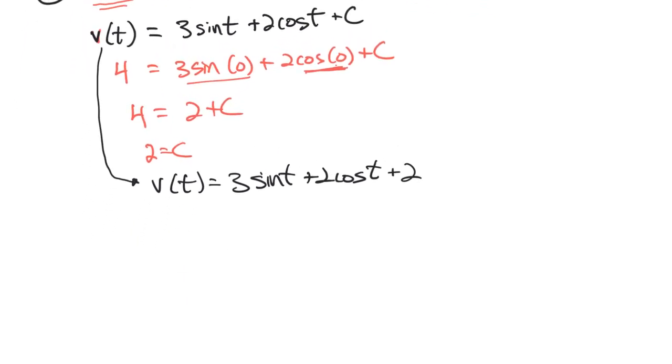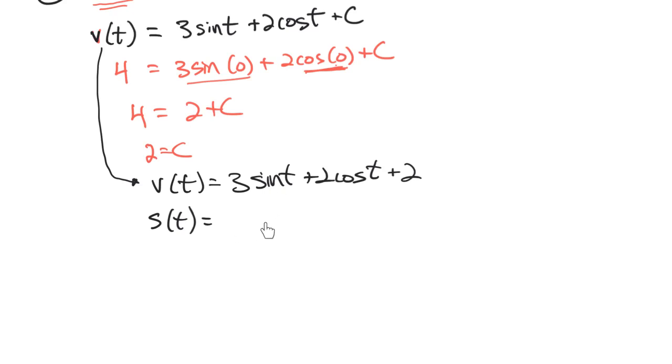Now we want to find the position function. So we take the antiderivative again to get s of t. And remember, typically when you have position, velocity, or acceleration, the independent variable is usually t. It doesn't have to be, but a lot of times t is used because usually with these functions, our independent variable is time. So the antiderivative here, we would need a function whose derivative is 3 sine.